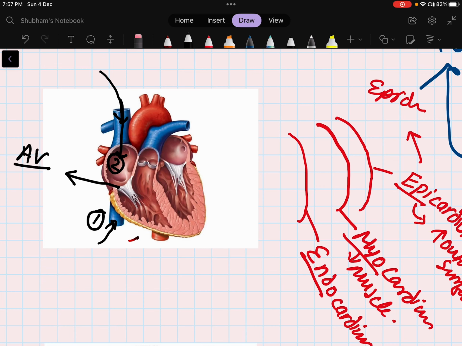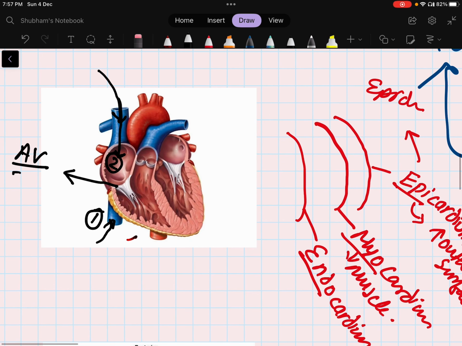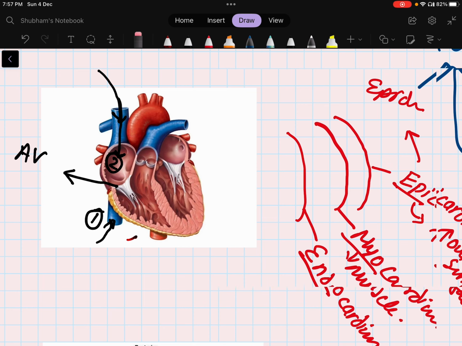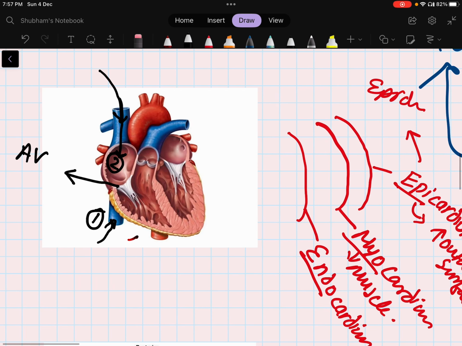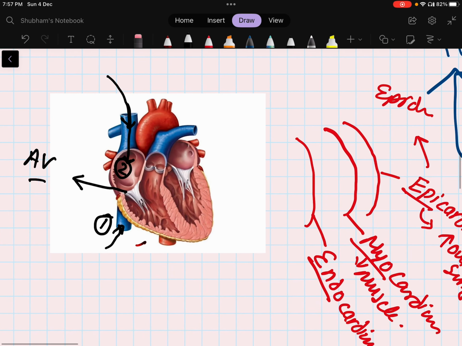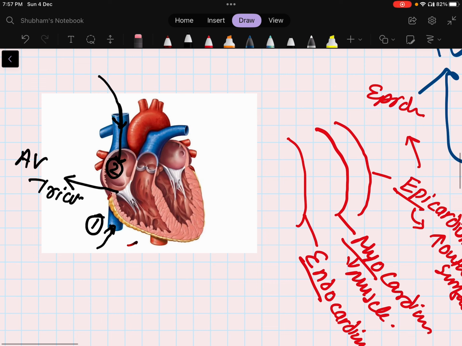Specifically this wall is known as tricuspid. This tricuspid wall allows the blood to flow into the ventricle. Which one? Right ventricle.